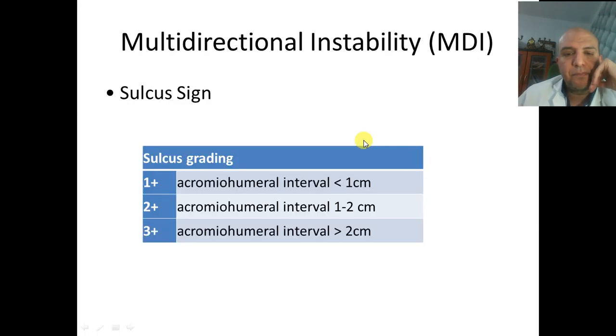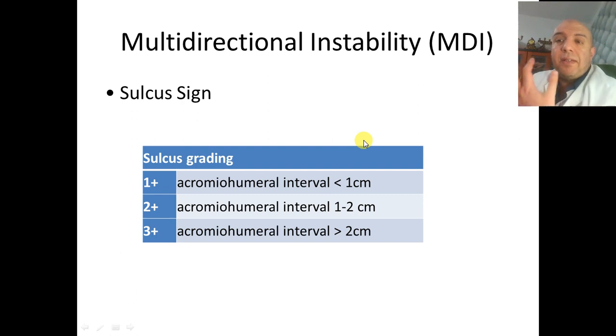Sulcus sign: once the patient is supine, you pull his upper limb down to open the space here between the acromion and the humeral head.